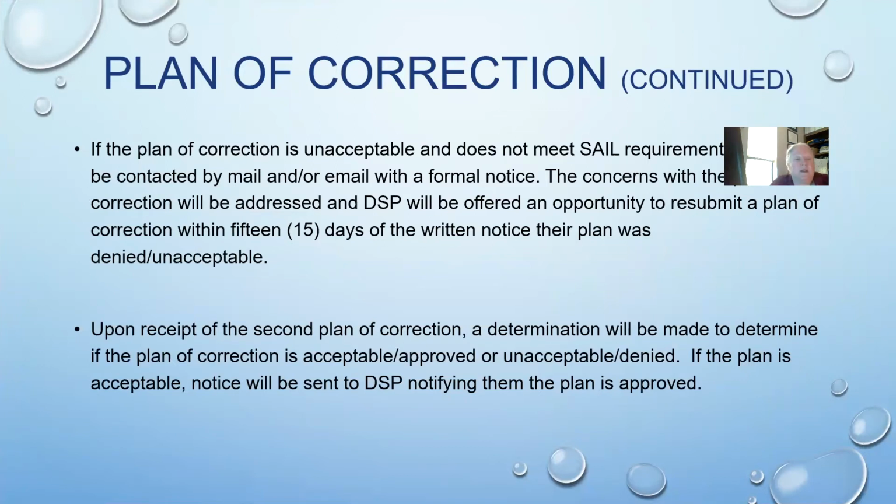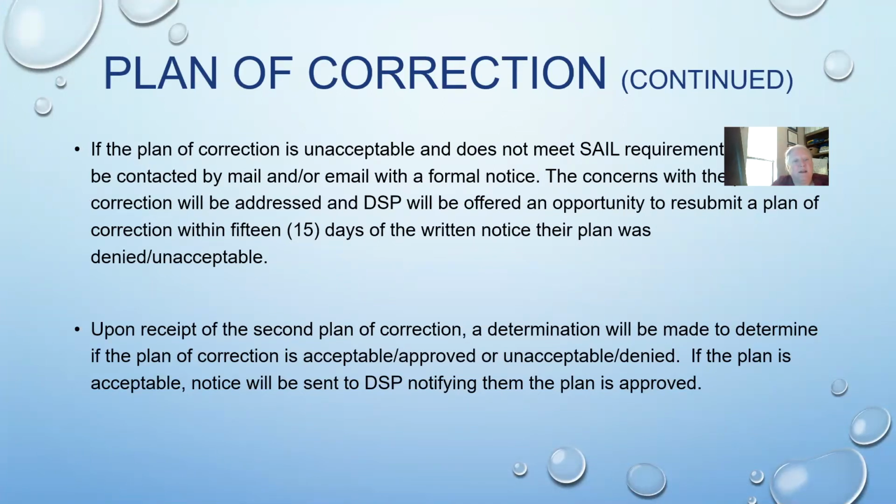Plan of correction. If the plan of correction is unacceptable and does not meet sale requirements, you will be contacted by mail and or email with a formal notice. The concerns of the plan of correction will be addressed and the DSP will be offered an opportunity to resubmit a plan of correction within 15 days of the written notice that their plan was denied or unacceptable.